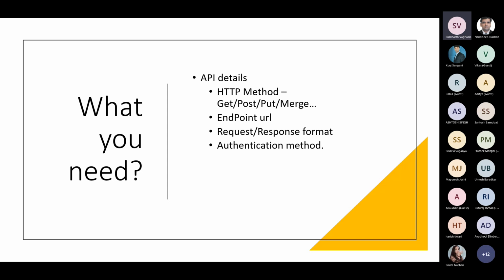Because if it knows this is what I'm going to get, it allows us to get and set the dynamic content with the properties and attributes available as part of that JSON object or array. And you need to know the authentication method, how it is protected and how the authentication mechanism works for that particular API. So this is the base thing you need to get started creating custom connectors.